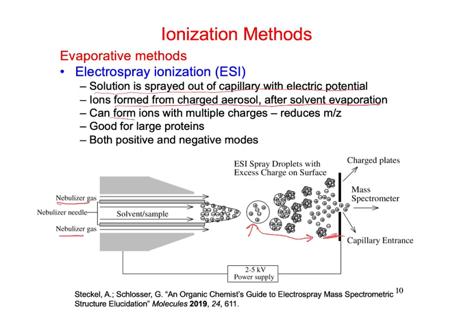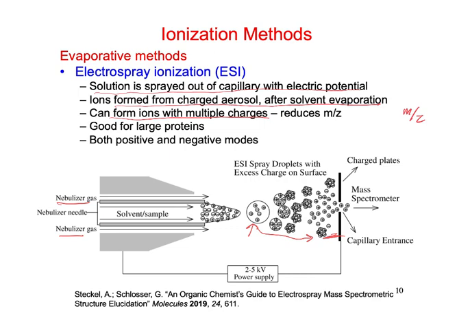This is a method that can actually form multiple charges on the same molecule, especially if there are multiple basic positions. And what this does, because we're analyzing, remember, always mass to charge, if that charge is more than 1, then it reduces the overall mass to charge ratio.